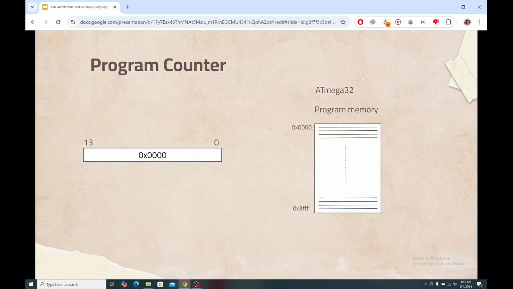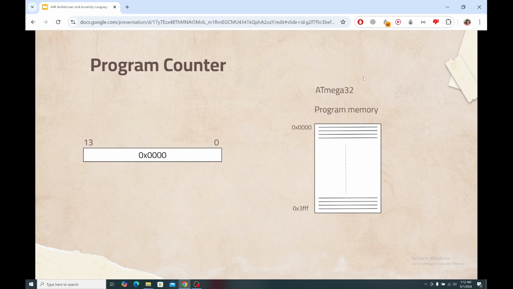An important register in the CPU is called the program counter. The program counter addresses the instruction to be executed next. Initially, when the microcontroller powers up, the initial address is 0000, and the program counter is loaded with the next address to be executed.